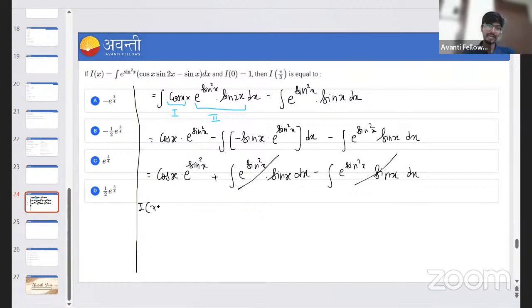So simply my I of x will be equal to cos x into e raised to sine square x. And they want us to find I of pi by 3. That means cos pi by 3, cos 60 it is, right? So half into e raised to sine pi by 3, root 3 by 4, it is my answer.